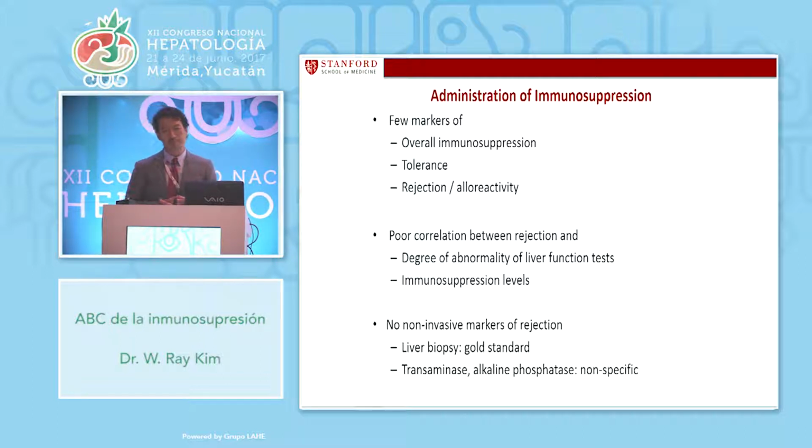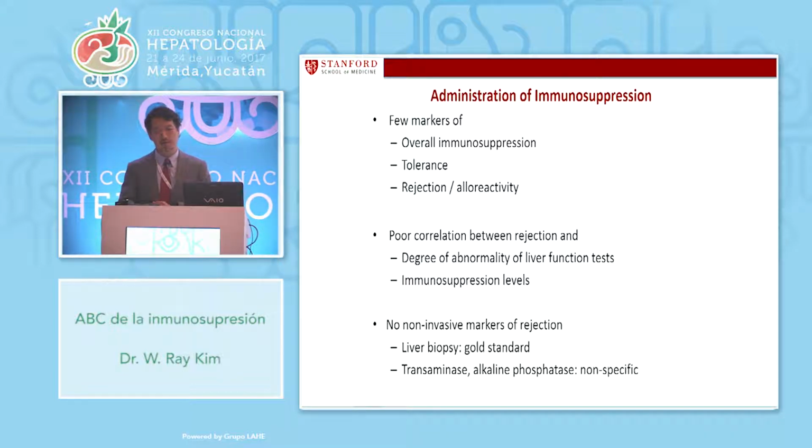The administration of immunosuppression is kind of an art. There are a few issues. One, we don't have a good biomarker that says, okay, this patient is in good balance between the two things that we're trying to balance. The only tool that we have is the trough level for the immunosuppressive drugs, and that is not a very accurate representation of the overall status of immunosuppression.